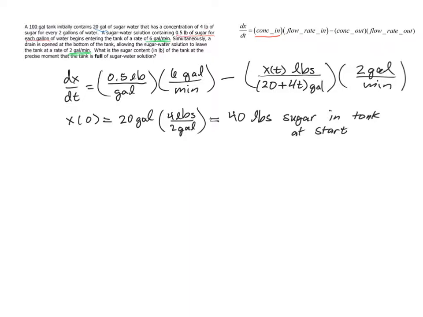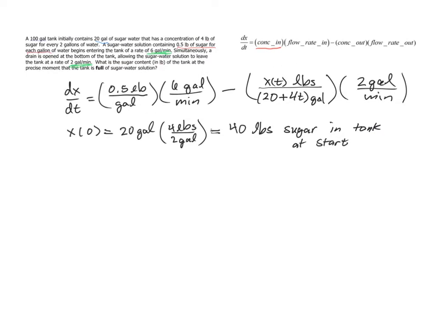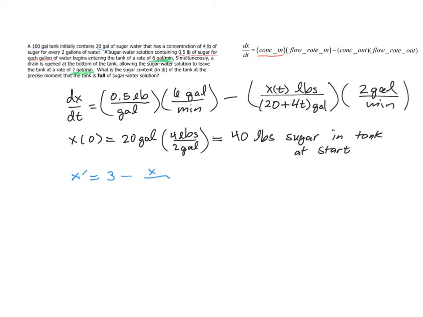Now let's rewrite the differential equation over again so that it's simpler to solve. We have x prime is equal to 0.5 times 6, of course, is 3, and then minus our x of t, we'll call it x, divided by our 20 plus 4t. And then that's times the 2 that's over here.